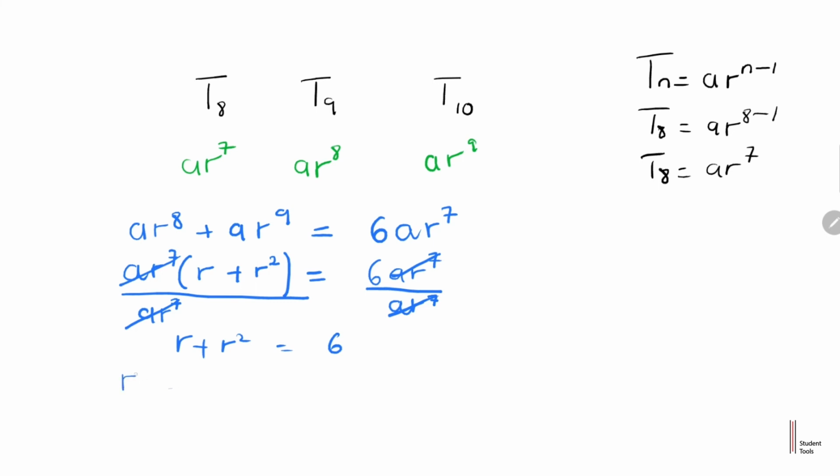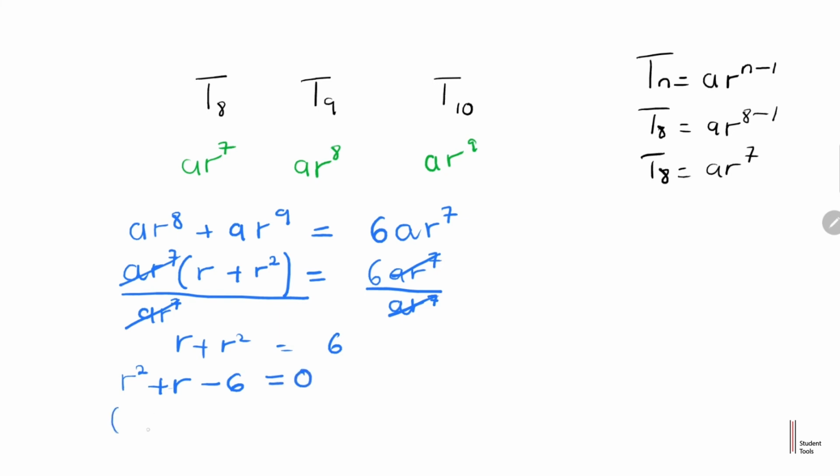So here we have r squared plus r. I want us to take the positive 6 from the right hand side to the left hand side, so it will be minus 6. So this will be equal to 0.